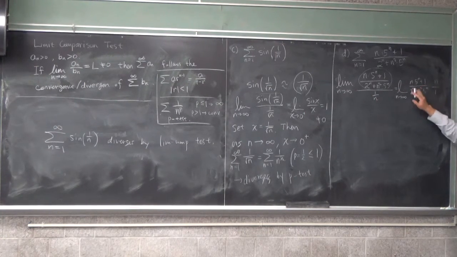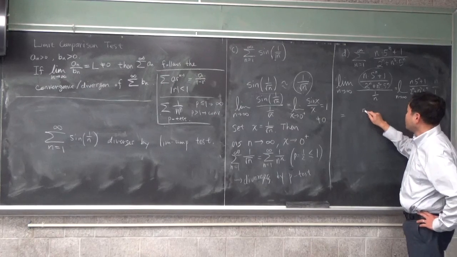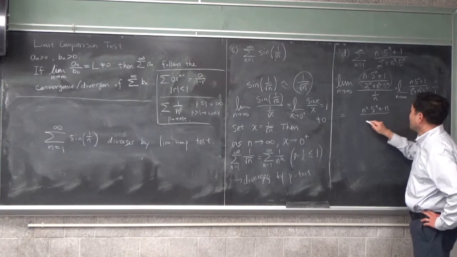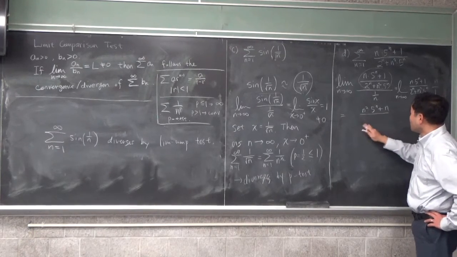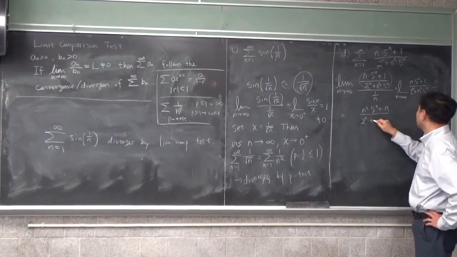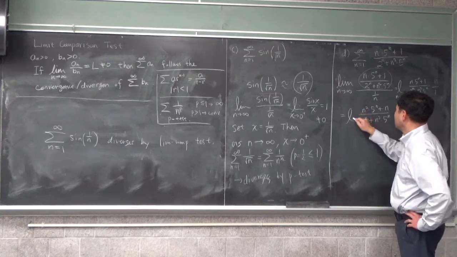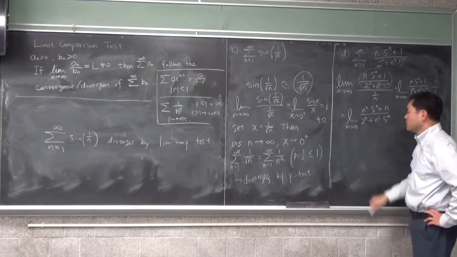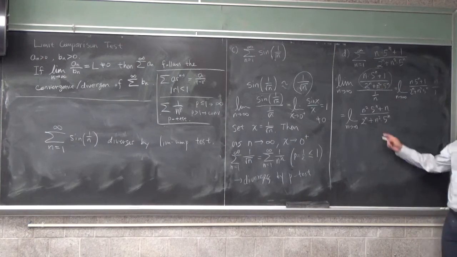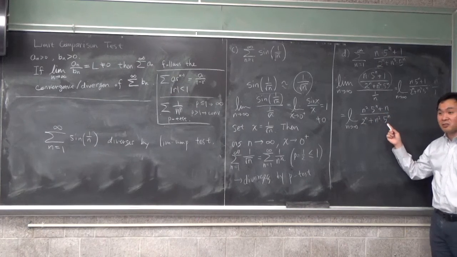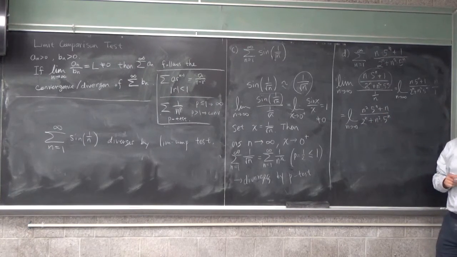When multiplied, you get n squared times 5 to the n plus n over n. The bottom doesn't change at all. Now already you see that the dominant terms are n squared 5 to the n, n squared 5 to the n. They're exactly the same, so the limit should be 1.